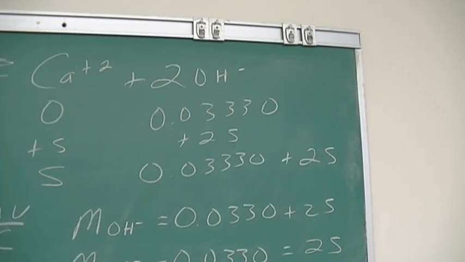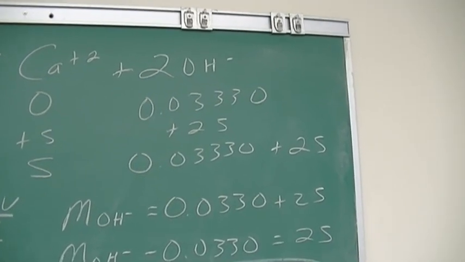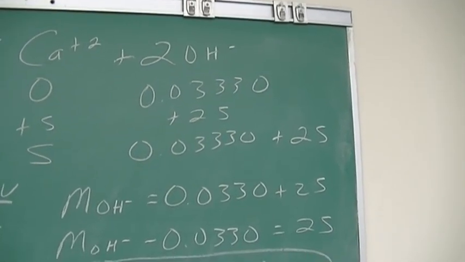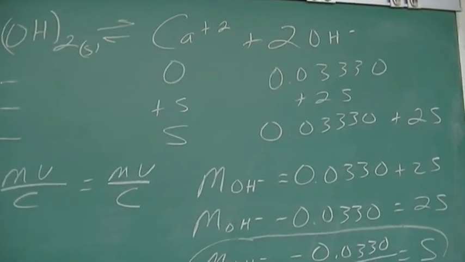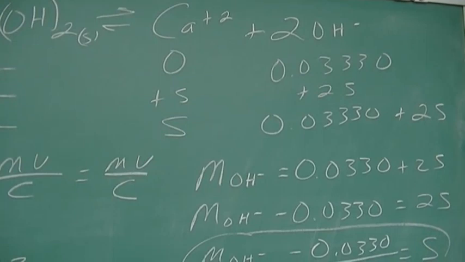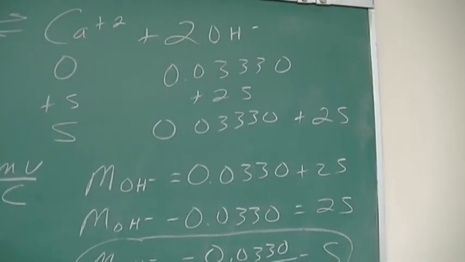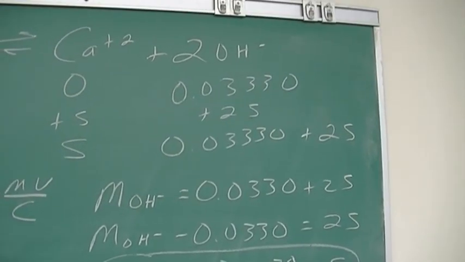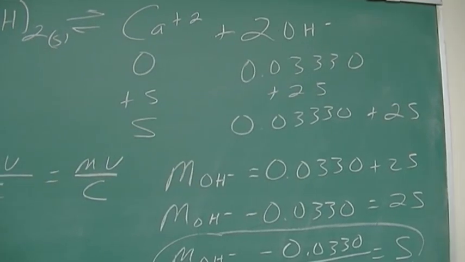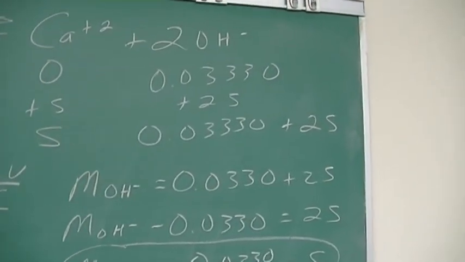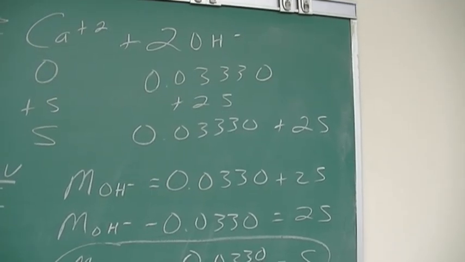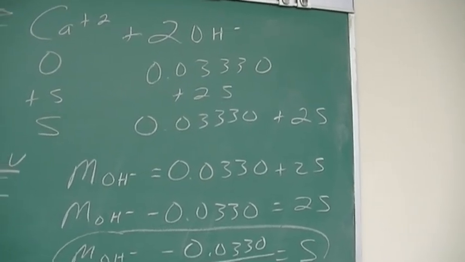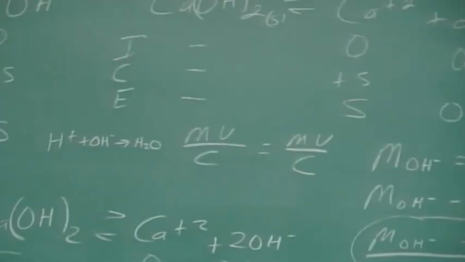But our OH minus concentration initial is 0.03330. The reaction has to go to the right because calcium plus 2 is 0. And so you have plus S, you have plus 2S because there are 2 OH minuses. So at equilibrium, calcium plus 2 is S. Your OH minus is 0.03330 plus 2S.